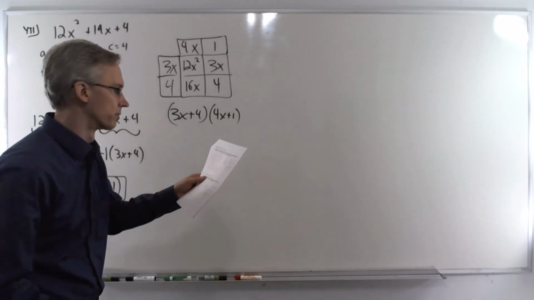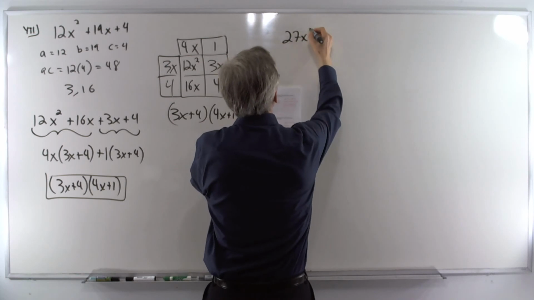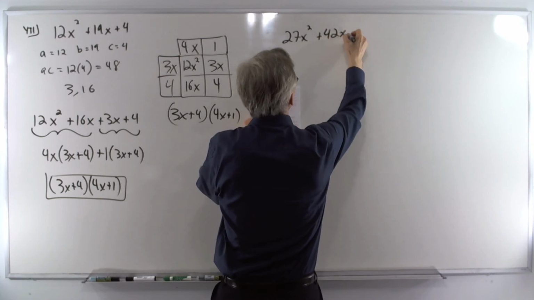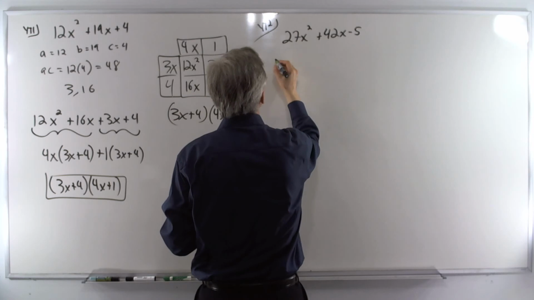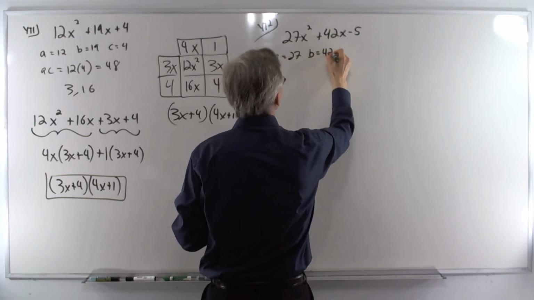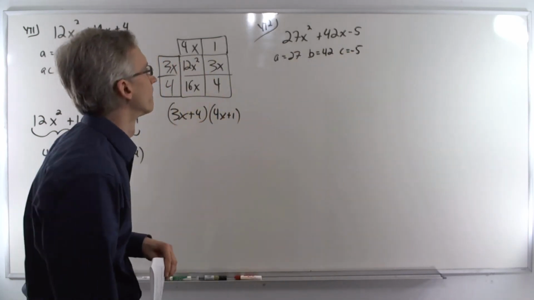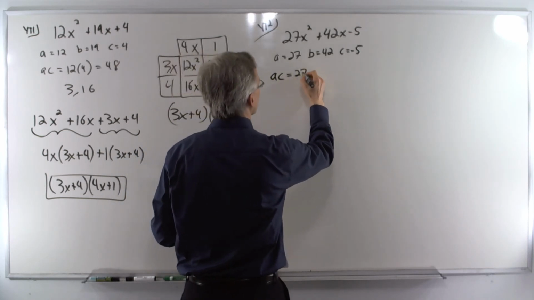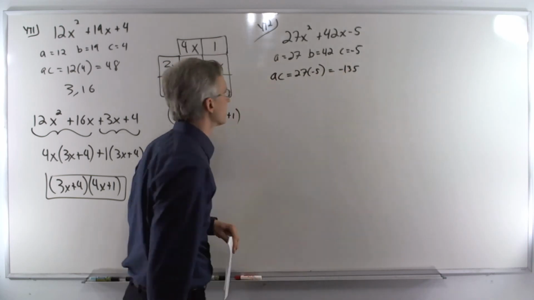Your turn, number 2. We're going to factor 27x squared plus 42x minus 5. All right, so there's ABC. Got AC. It's 27 times negative 5.